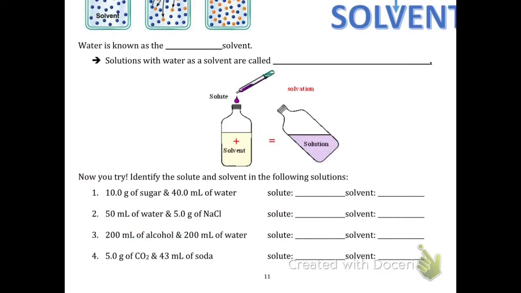Now, generally we call water the universal solvent because a lot of things are dissolved in water. They're mixed in with water, and so water will take that in and dissolve it. Okay? Solutions that have water as a solvent are called specifically aqueous solutions.